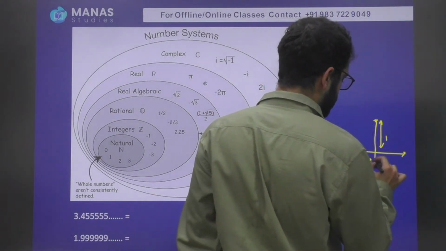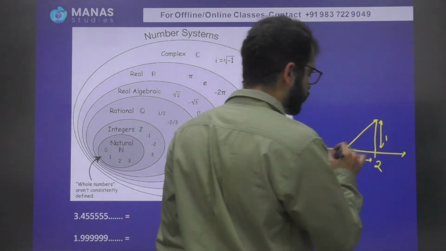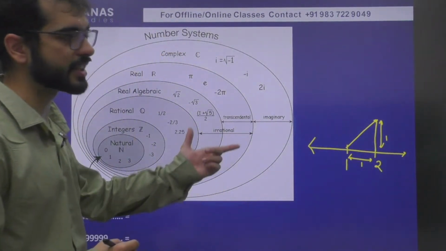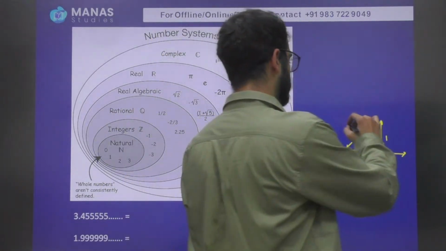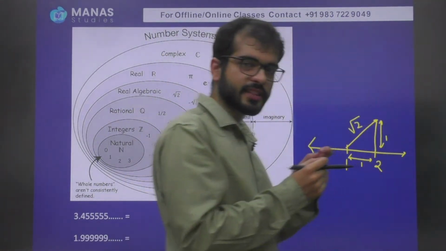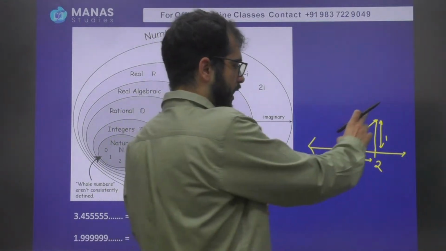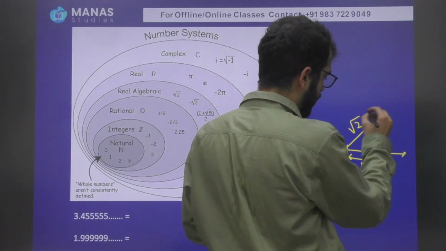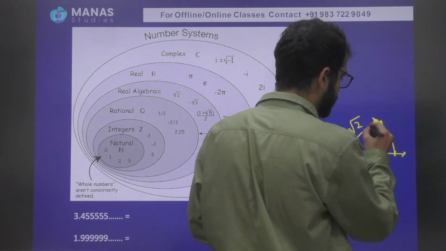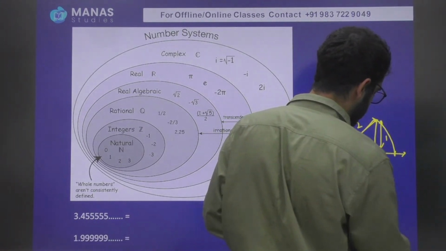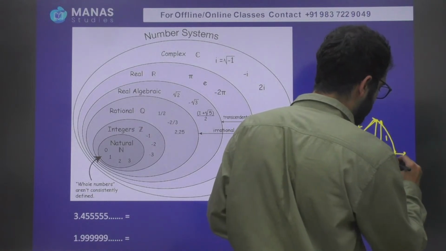If this distance is 1, this length is 1, what will be the length of the hypotenuse? The length of the hypotenuse is going to be the square root of 1 square plus 1 square, which will be root 2. Now if I place a compass at the point 1 and the pencil at this point, and I make an arc, the arc is going to cut the number line somewhere over here. The length root 2 will be the same over here. This point will be 1.